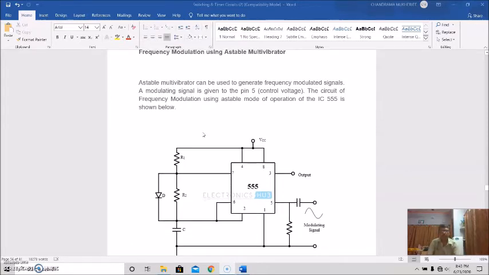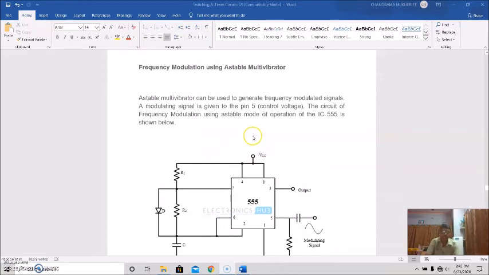With this, we conclude the Astable multivibrator: its operation, its circuit diagram, its duty cycle, its waveforms, and its applications in different areas, that is square wave generation, pulse position modulation, pulse train generation, and frequency modulation.